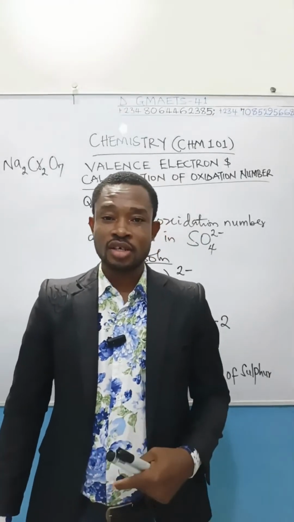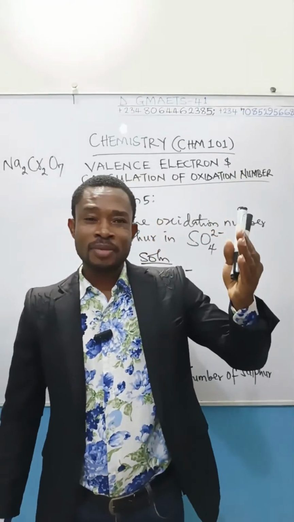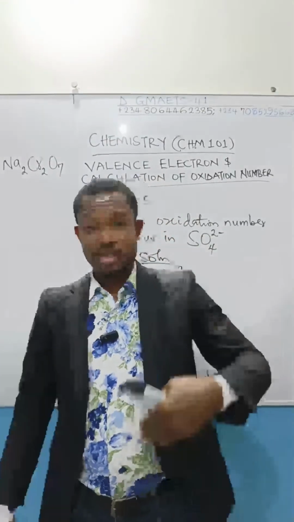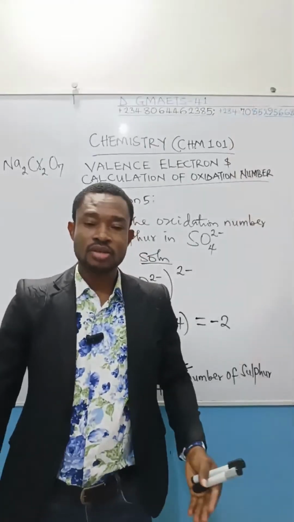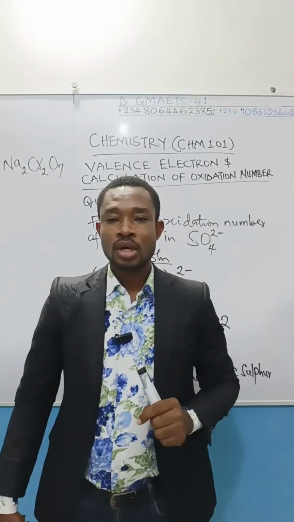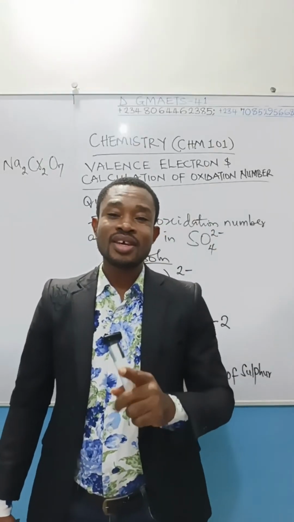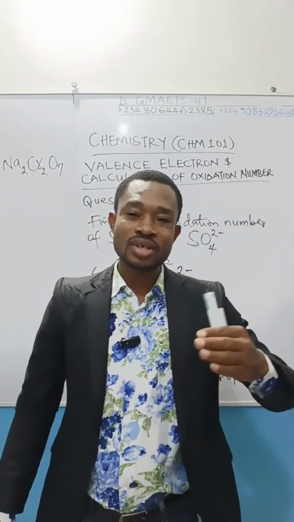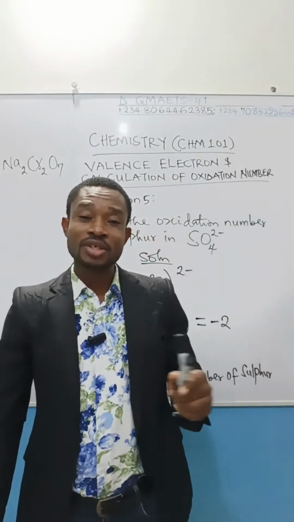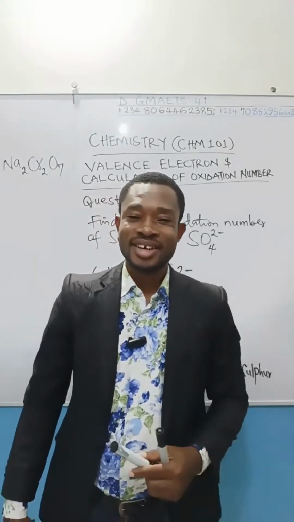On this channel, if you go to the playlist of this channel, locate our chemistry practical playlist, you would see a special video dedicated to redox titration. You need the knowledge of this calculation to be able to withstand redox titration.